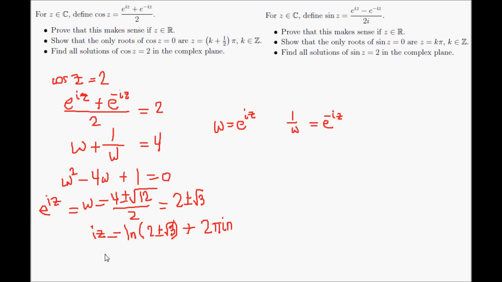So finally, clearing out the z, multiplying by negative i on both sides, we get z equals negative i times the natural log of either 2 plus the square root of 3 or 2 minus the square root of 3, plus 2 pi n. And so those are the places where cosine of z would be equal to 2. So there are infinitely many solutions of this equation: negative i natural log of 2 plus square root of 3 plus 2 pi n, and negative i natural log of 2 minus square root of 3 plus 2 pi n.